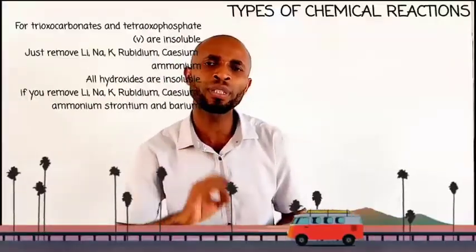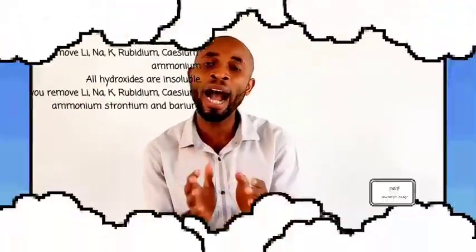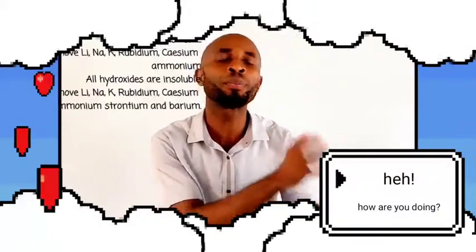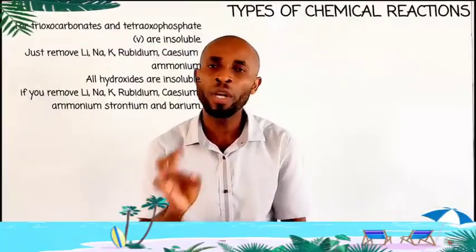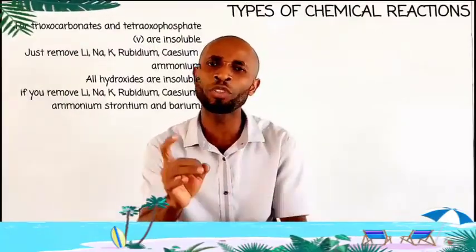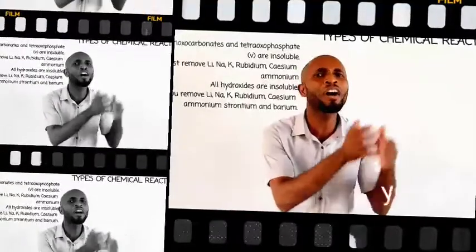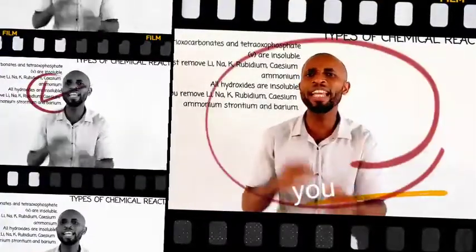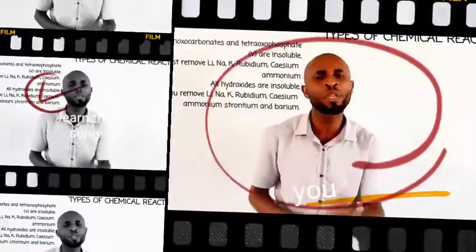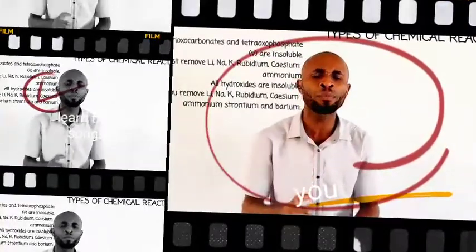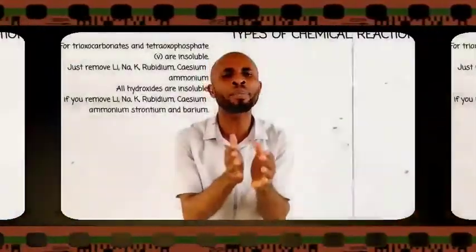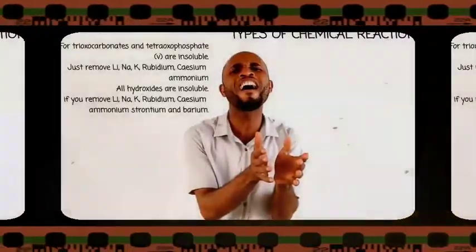For CO3 2 minus, PO4 3 minus, they are insoluble. Just remove lithium, sodium, potassium, rubidium, cesium, ammonium, all hydroxides are insoluble. If you remove lithium, sodium, potassium, rubidium, cesium, ammonium, strontium, and barium.